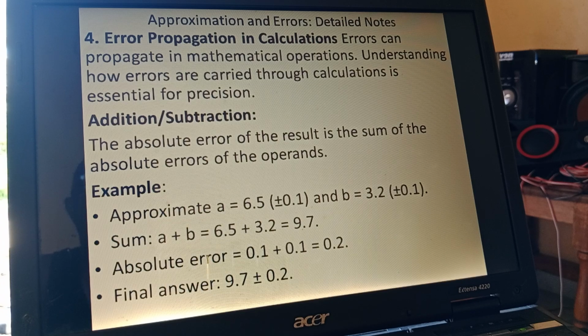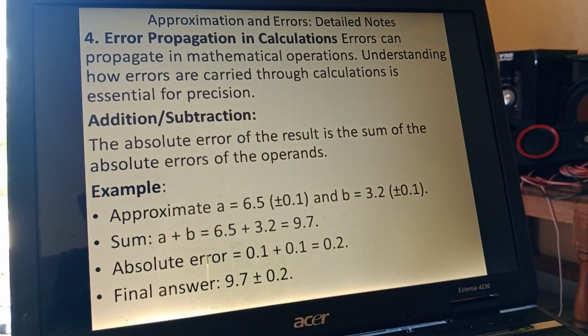Operands are the numbers we are working on.